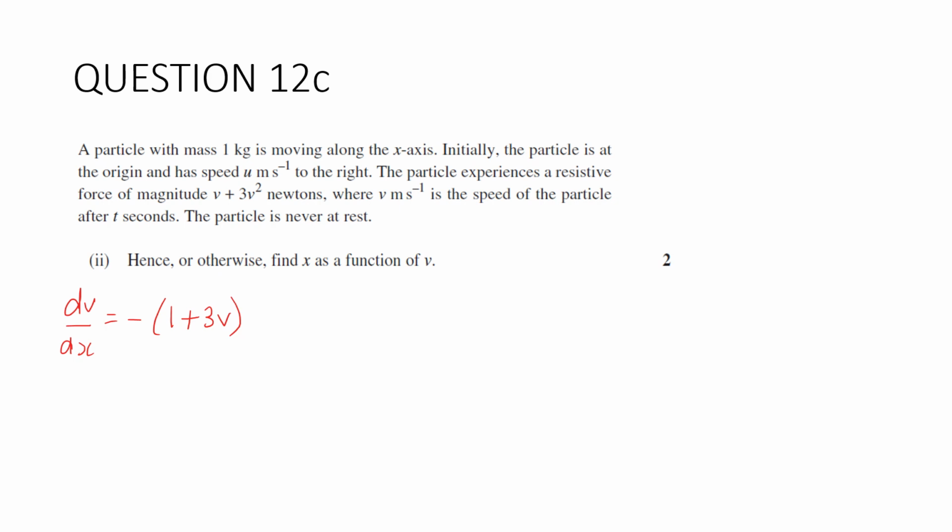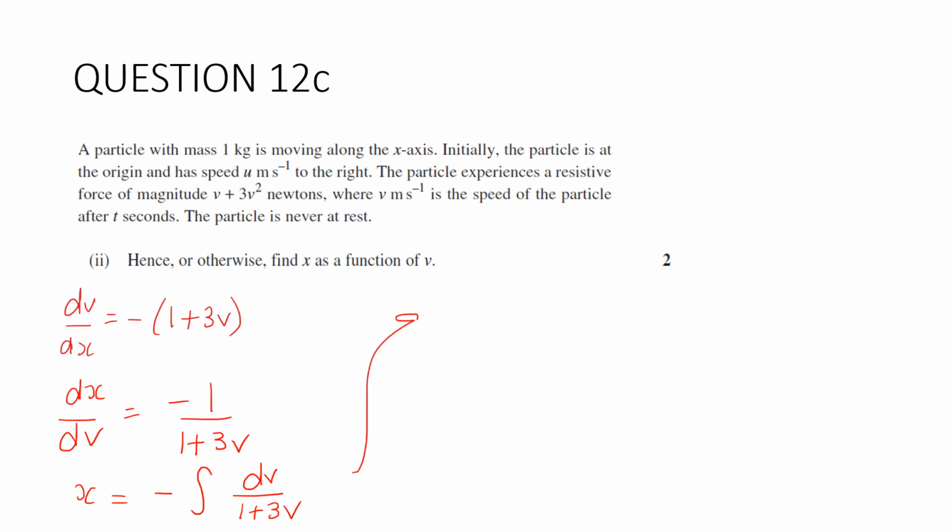So we're just going to solve this differential equation, and we'll start by flipping it upside down. So dx/dv is equal to negative 1 on 1 plus 3v, and x is going to be equal to negative integral of dv over 1 plus 3v, which equals negative ln of 1 plus 3v divided by 3 plus c.